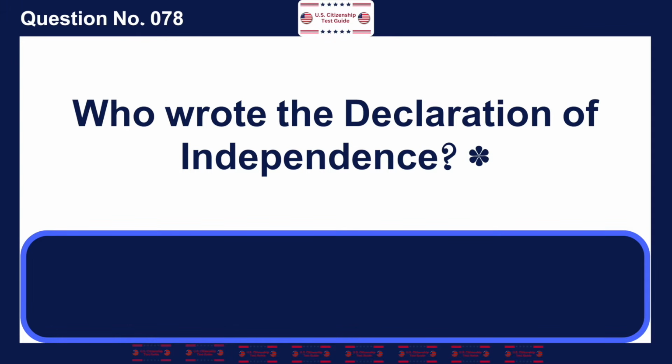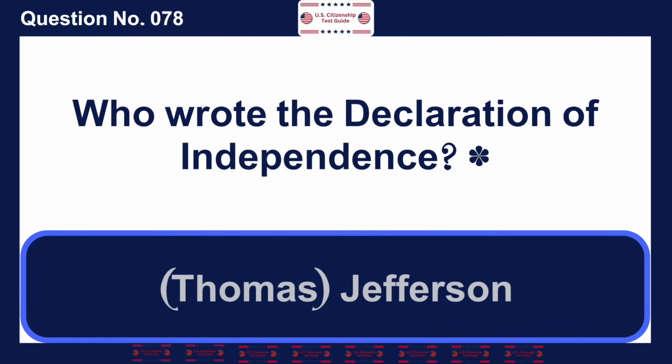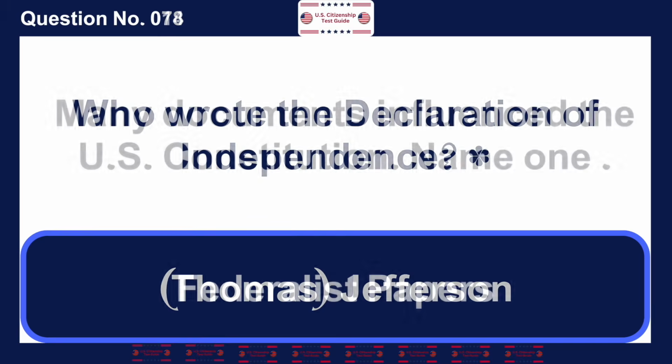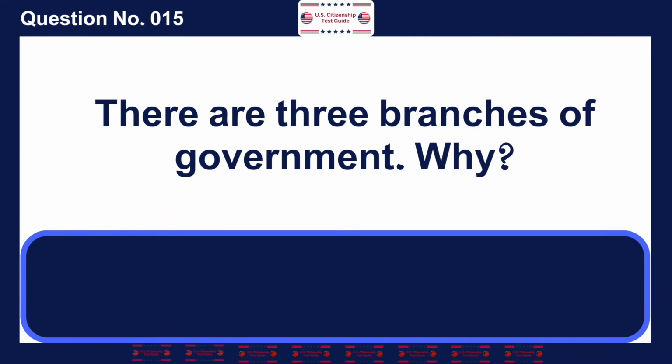Who wrote the Declaration of Independence? Thomas Jefferson. There are 3 branches of government. Why?